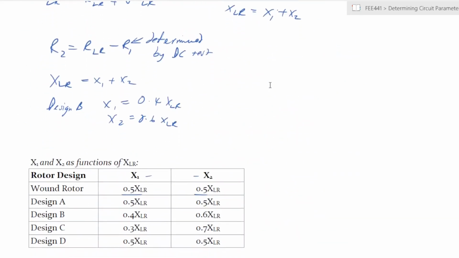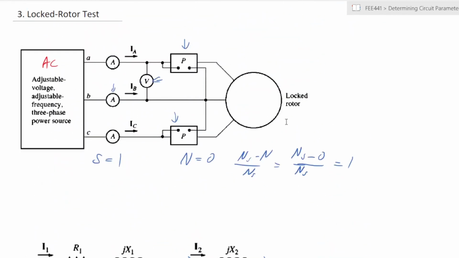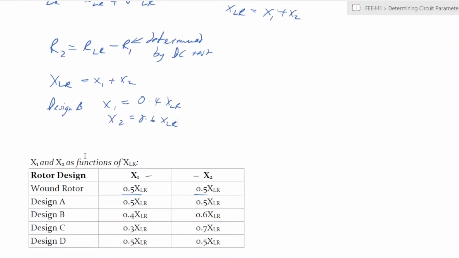Okay. And finally, one key aspect that one would need to remember, because of the nature of the locked rotor, you will not apply the full rated voltage or even the full rated frequency. If you were to do that, as I had said earlier, you can likely burn out the motor. So usually you will have a reduced voltage and a reduced frequency.